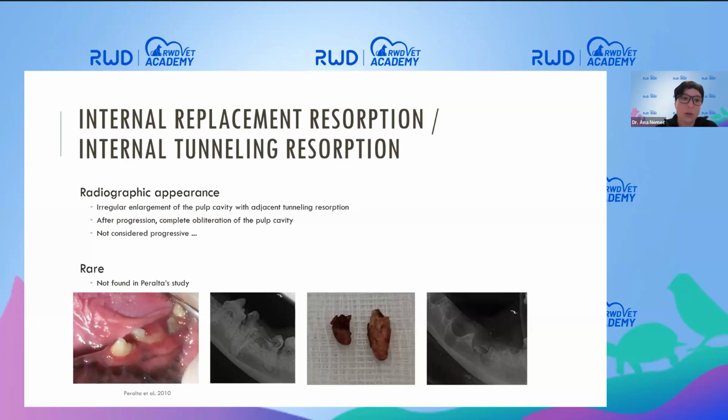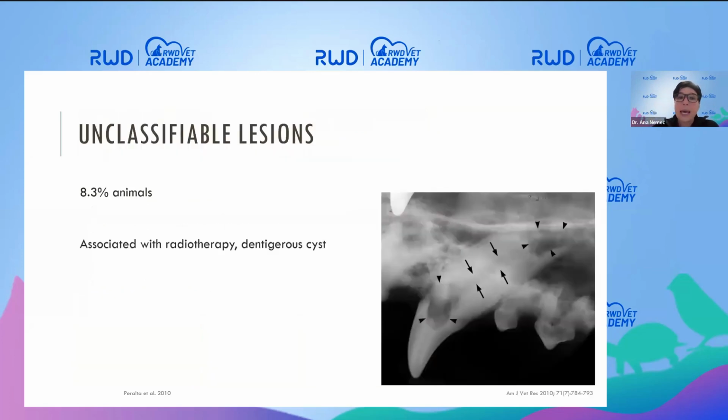And then in a study comparing classification between human and canine tooth resorption, they also found that canine tooth resorption in about 8% of animals cannot be classified using this human classification.